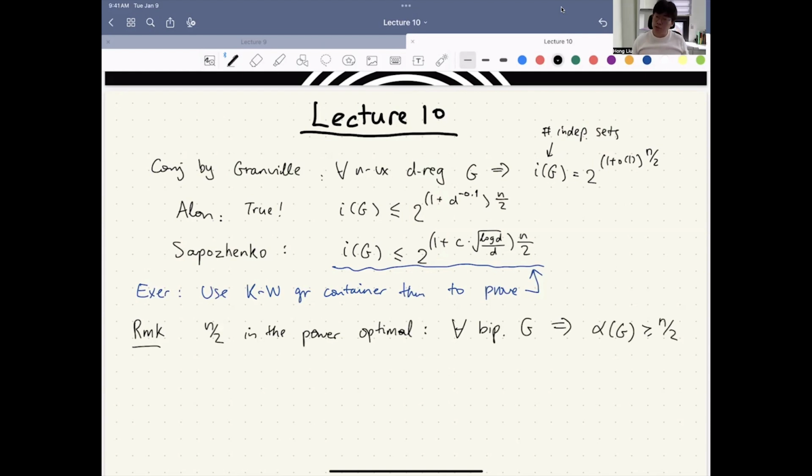Now, by taking all subsets of these largest independent sets, we get that I(G) is at least 2 to the alpha(G), which is 2 to the n over 2. We cannot improve it. When you're far away from being bipartite, we can improve it. This is a different story. We might talk about it later. For now, that's all we need to know. Any question about the exercise?